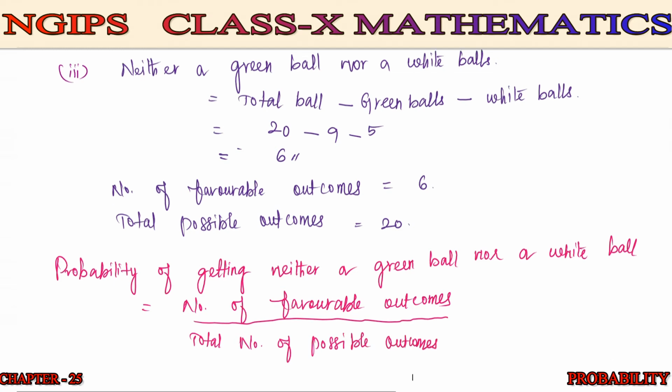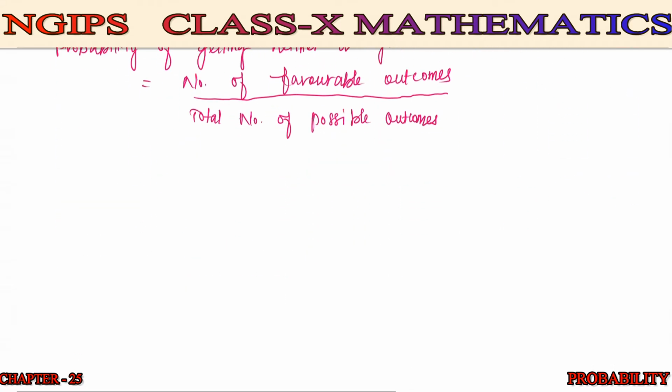So here we have total number of favorable outcomes, it is 6, divided by total number of possible outcomes, it is 20. Further if we simplify, 3 2s are 6, 10 2s are 20. So the final answer is 3 by 10. So this is the answer.